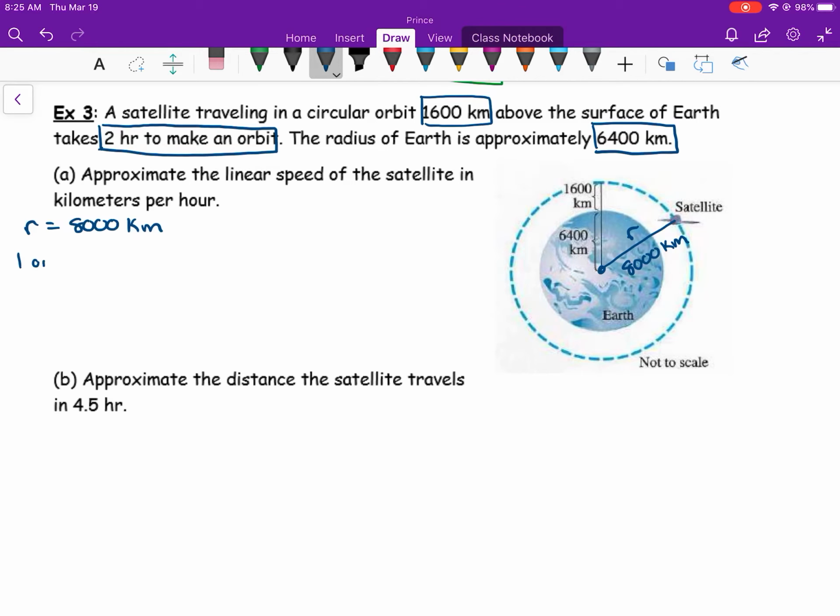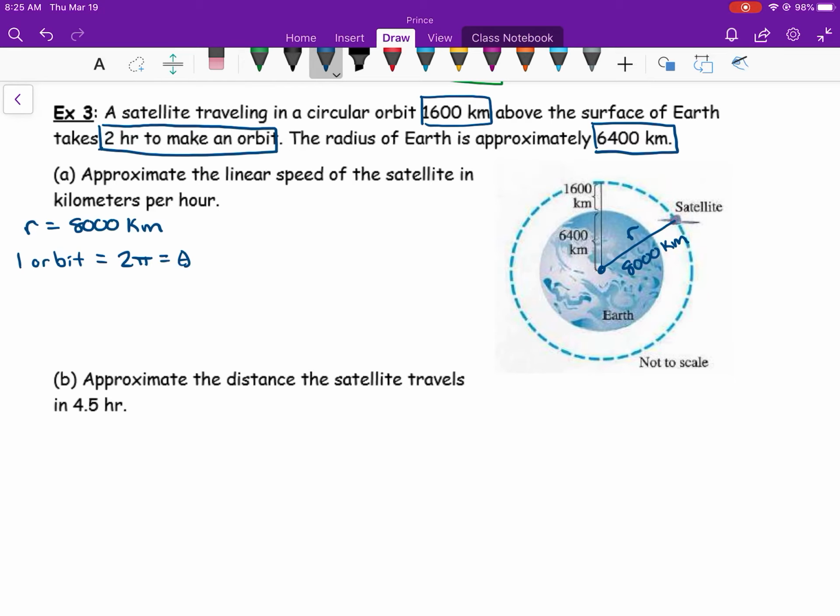Alright, we know that one orbit is one rotation around a circle, so it's 2 pi. And this is our theta. That's all we need, I think, out of that information.